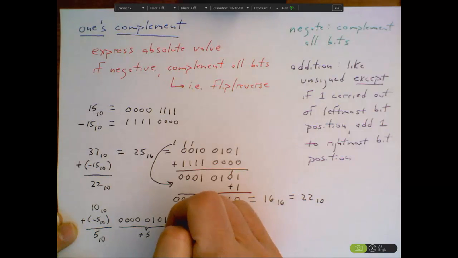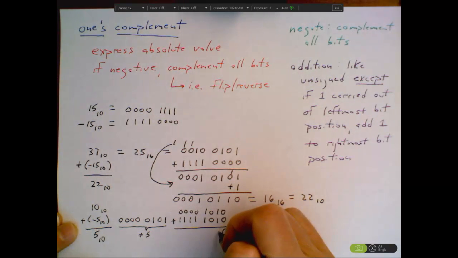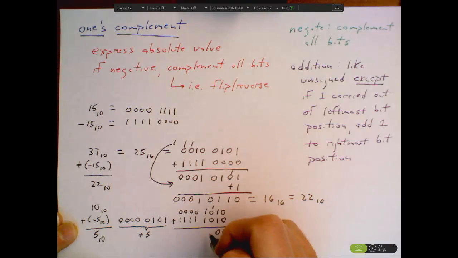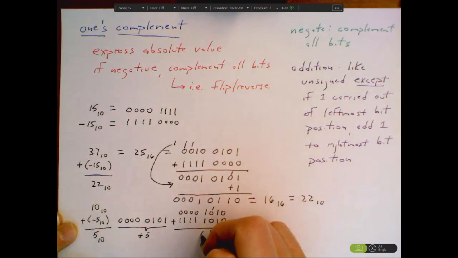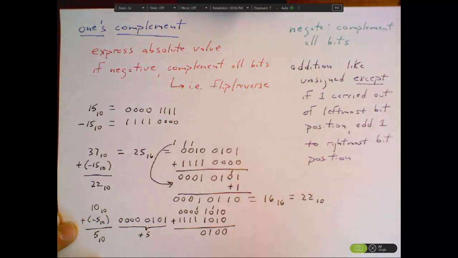Okay, again I'm adding. I'm going to add them just like they were unsigned. 0, 1 and 1 is 0, carry the 1. 1 and 1 is 0, carry the 1. This is not quite the example I wanted, I guess, because I'm going to get a ripple out the top.